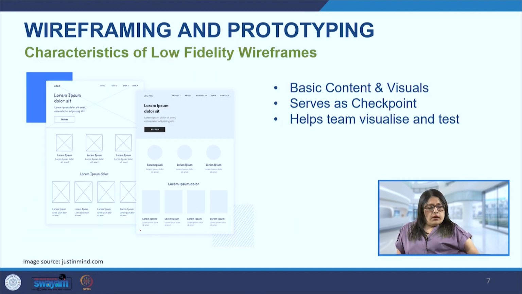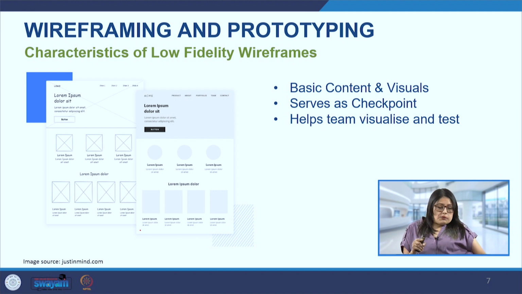Now, looking a little bit more into the low fidelity wireframe, we have an example here on the screen. At this particular stage, we have not added any images. You can see that the text is lorem ipsum, and then we have a rectangle which says button.